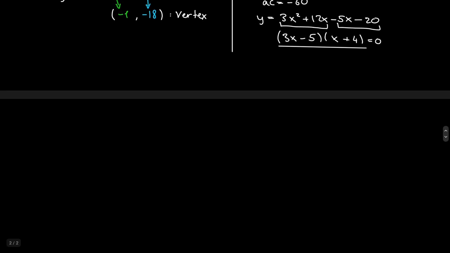Lastly, we do have to speak a little bit about the domain and range. The domain for any quadratic function is always going to be x belongs to all real numbers. On the other hand, the range is a little bit different, and it's going to depend on two things: the y value of the vertex and the concavity.